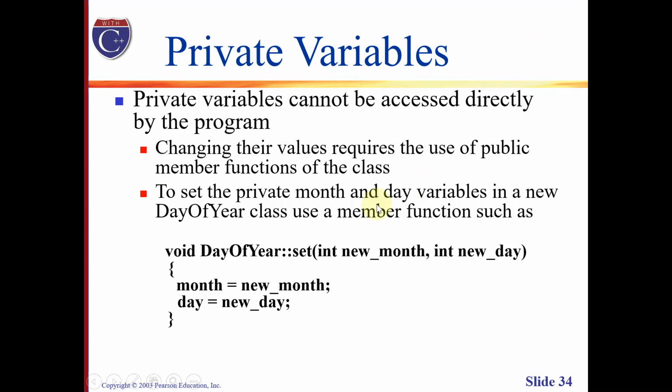Instead, we now need to use the following member function. In this case, we have this setter function, which intends to change or assign new values to our private member variables.